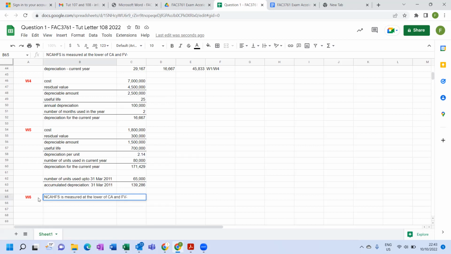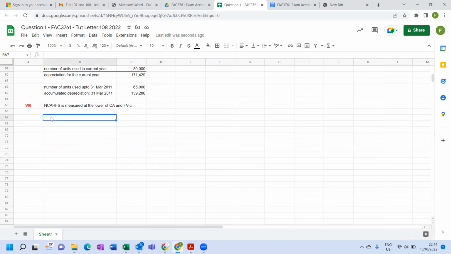So basically we will do a test. We have a carrying amount, so what do we know? It is cost, accumulated depreciation and depreciation for the current year.